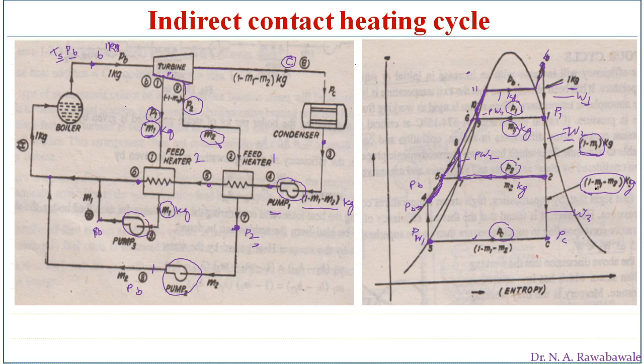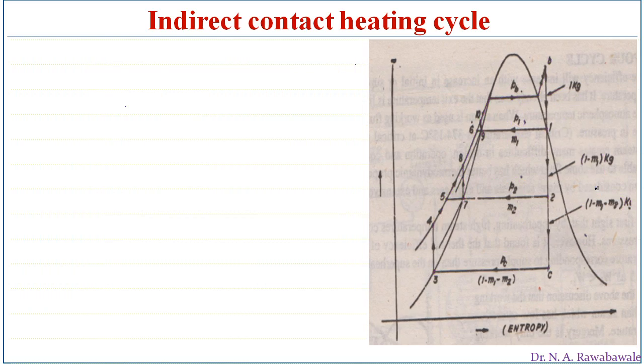Now this is about the working of the indirect contact heating cycle. Now coming to the equations related to this indirect contact heating cycle. Now work done by the steam, we have to find out where work is done and how to find out the net work done.